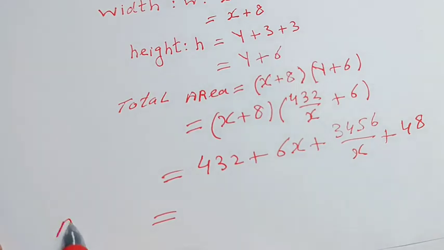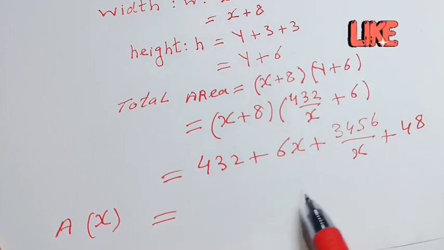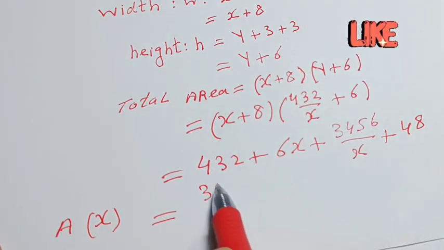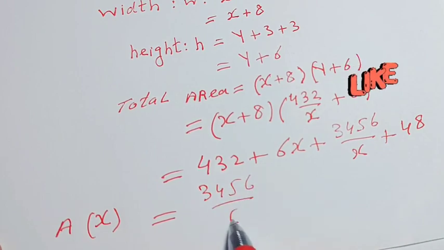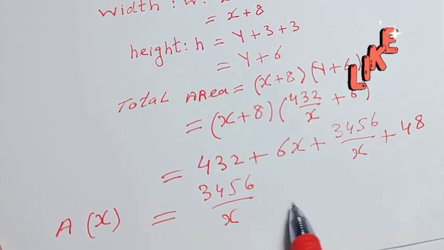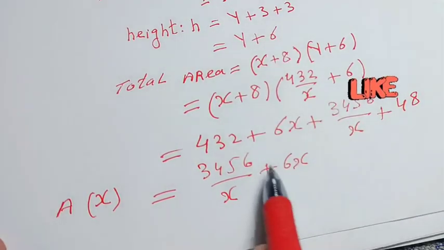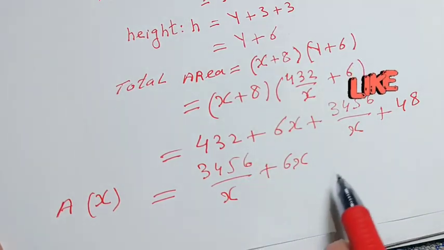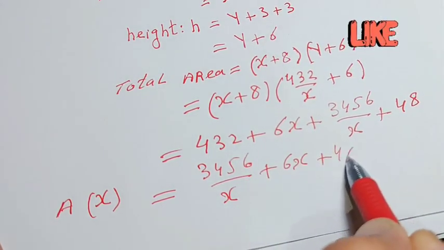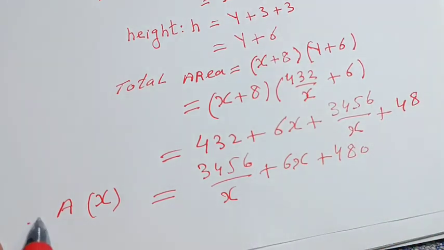Because he wants A of x, that's our total area, it must be first 3456 over x, and then plus 6x, and at the last you need to simplify the constant, which is going to be 480. So therefore we prove the first question answer.